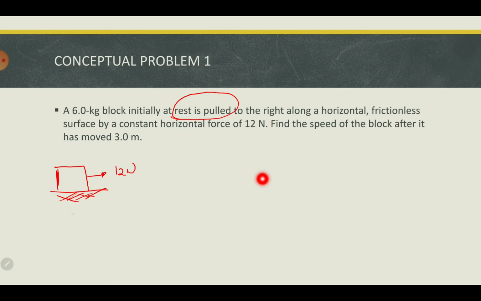So we all know that the summation of W is equal to KEf less KEi. Since the block is at rest, our vi is equal to 0, and we are solving for the value of vf.